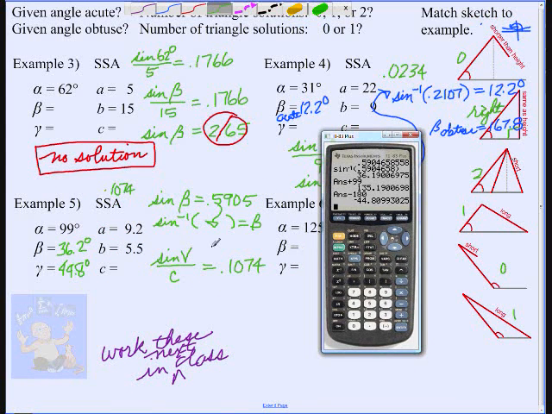So C is going to equal the sine of gamma divided by this ratio. Okay, so the sine of 44.8 divided by 0.1074.